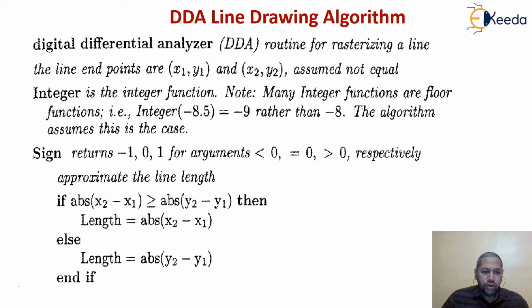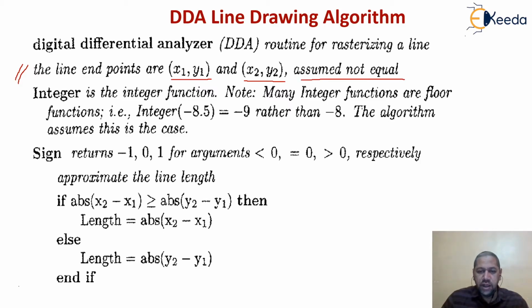Now here these are the assumptions. I call this my comment. In the comment I have written that the line endpoints are x1, y1, which is the starting point of the line, and x2, y2, which is the end point of the line. Here it is written, assume not equal.